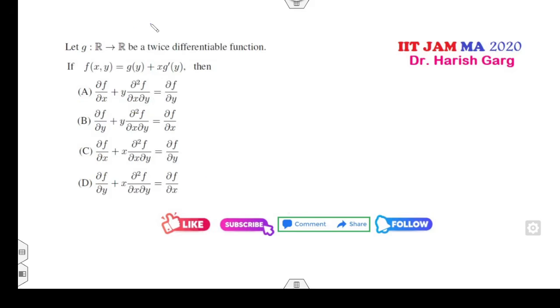F is a twice differentiable function. Let's take anything. g of x is my x square. So what does your function become? g of y plus x into 2y. Now look at the first option. Partial derivative with respect to x, 2y.